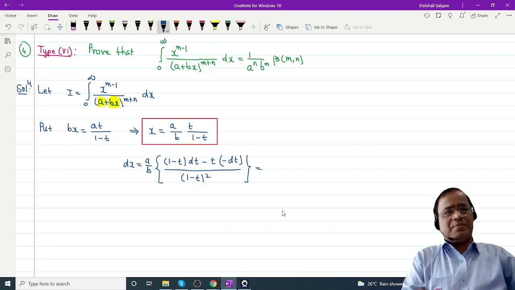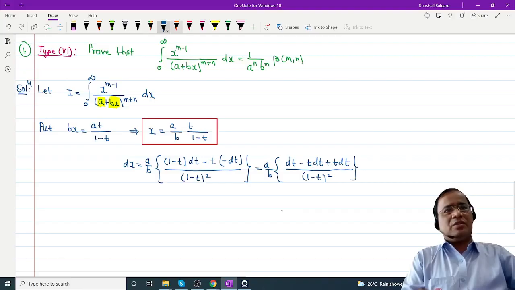And if you simplify, it comes as a divided by b, first term 1 minus t dt, minus t dt plus t dt, divided by 1 minus t bracket square.